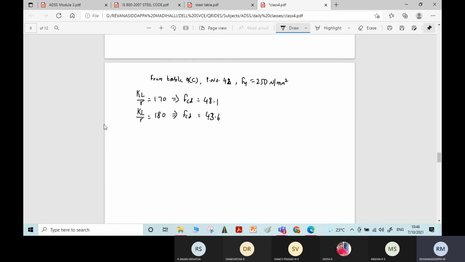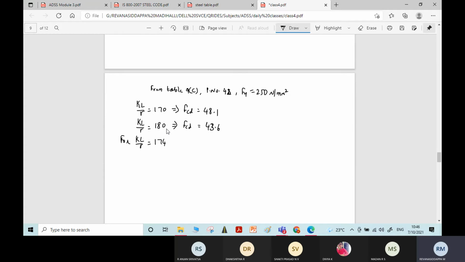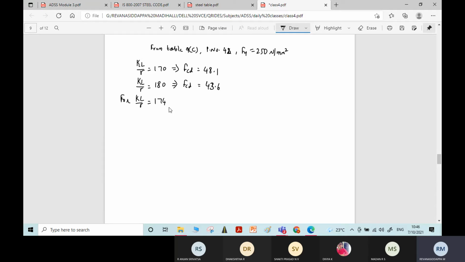Then by interpolation, for KL by R equal to 174.35, FCD is equal to how much? Do the interpolation. 46.08 Newton per mm square.